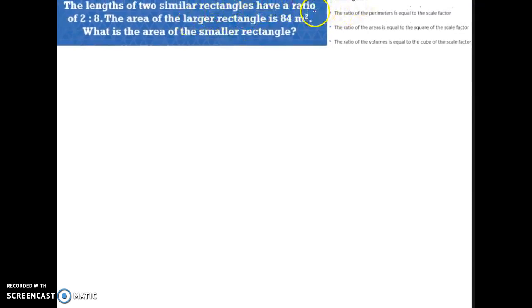Here's another example. The lengths of two similar triangles have a ratio of 2 to 8. So 2 to 8. The lengths. That goes along with perimeter, right? That's your scale factor. So that's your original scale factor, your ratio. The area of the larger rectangle is 84 meters squared. What is the area of the smaller rectangle?